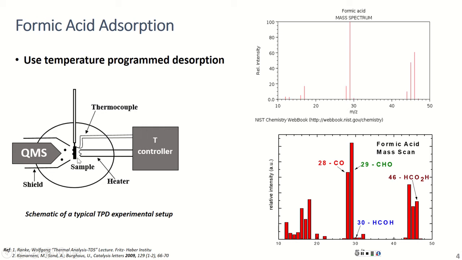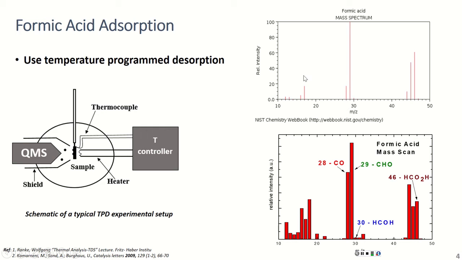This is the perovskite thin film, and initially we kept it at a very low temperature, around 100 Kelvin, and we dosed formic acid into the vacuum chamber by backfilling. At 100 Kelvin the desorption rates are minimal, so we expect the formic acid to adsorb on the surface, and then we linearly ramp the surface temperature, and the desorption fragments from the adsorbed formic acid were detected using this residual gas analyzer mass spectrometer.